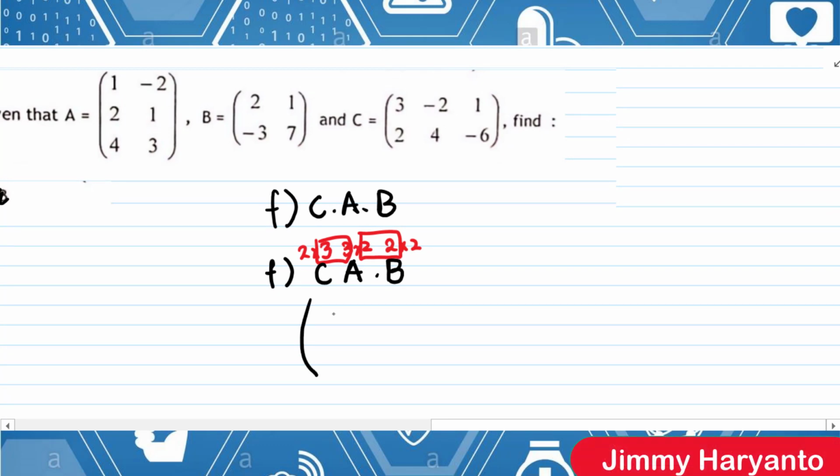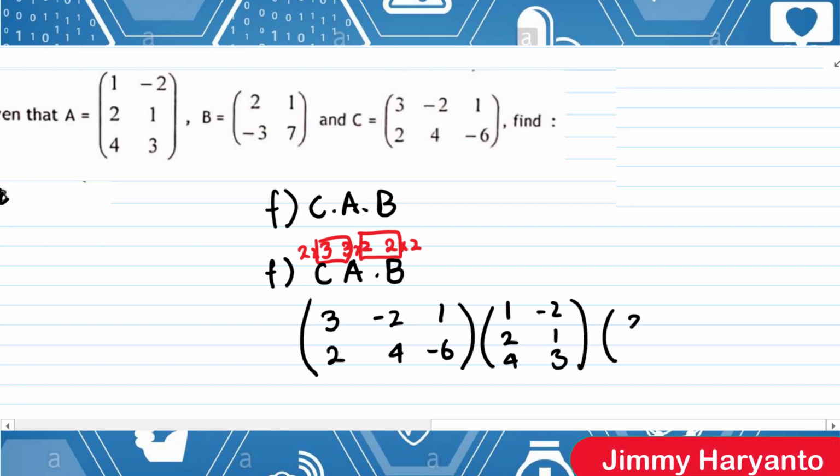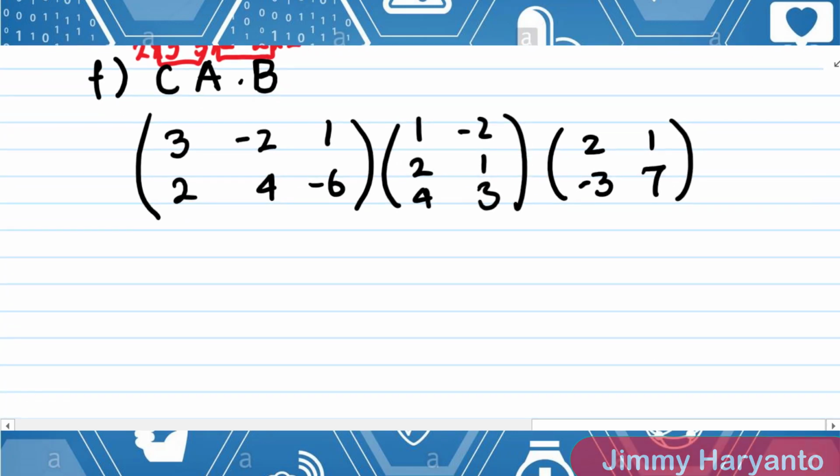So let's start with C times A. Okay, 3, negative 2, 1, and then 2, 4, negative 6. I will times it with the A, 1, negative 2, 2, 1, 4, 3, and then B is the last one. I will multiply the C and A first.